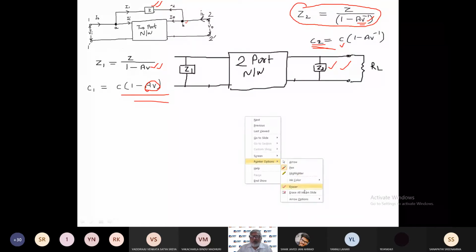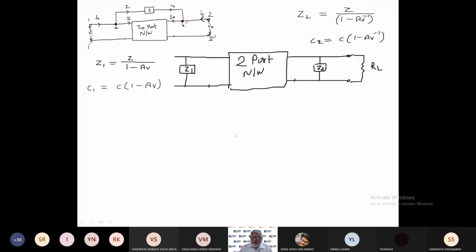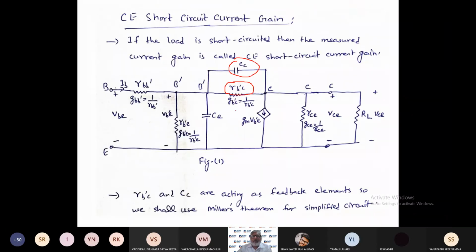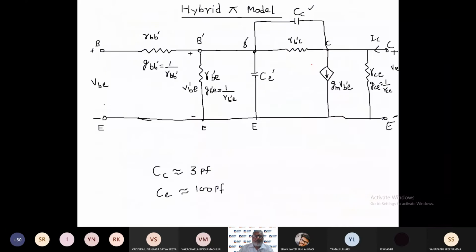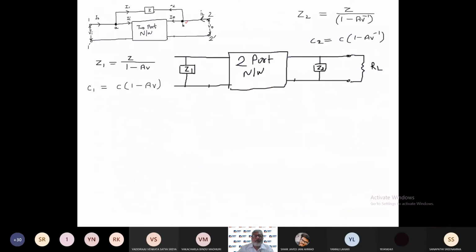Okay, so now if you see here in this particular circuit diagram, hybrid pi model, this RB'C is a feedback element. So this will be split by using Miller's theorem. And since this is a resistance, the formula used will be this formula for the input side, and this will be used for the output side.